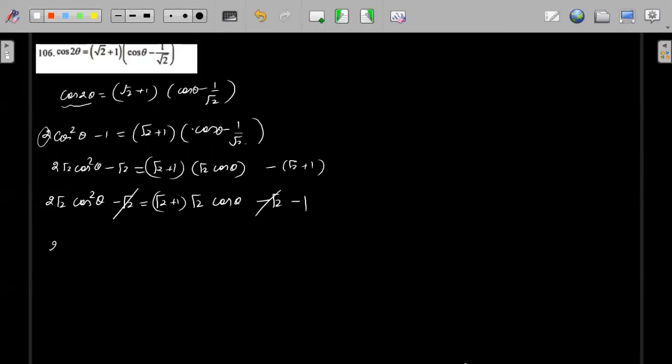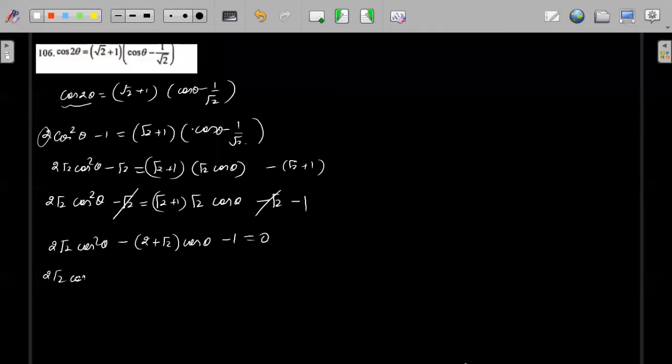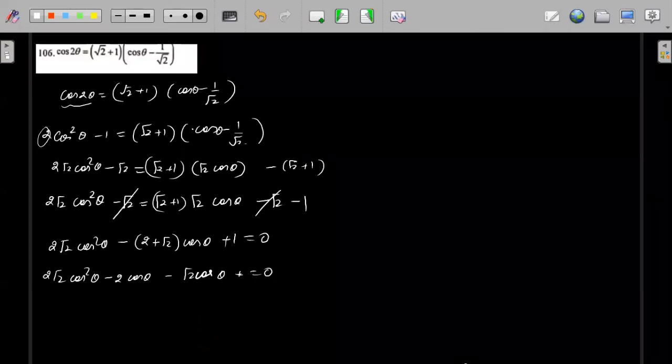So this will become 2 root 2 cos square theta minus 2 plus root 2 cos theta minus 1 is equal to 0. Now this is 2 root 2 cos square theta minus 2 cos theta minus root 2 cos theta plus 1 is equal to 0.